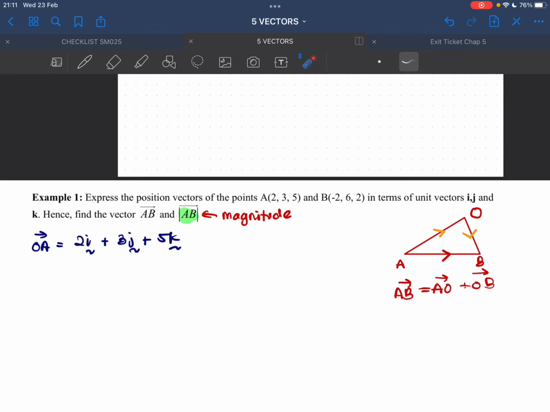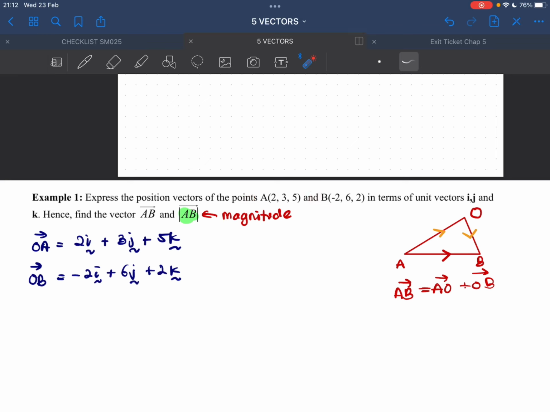Okay, so this is your OA and this is your OB. OB equals negative 2i plus 6j plus 2k. Remember, position vectors start from the origin. That means this is OA, this is OB.